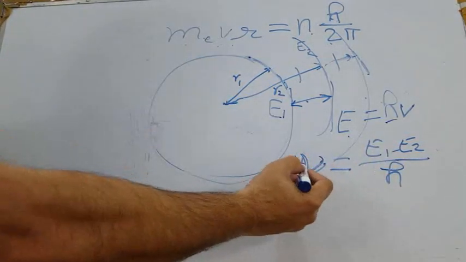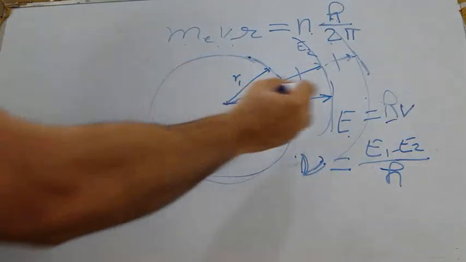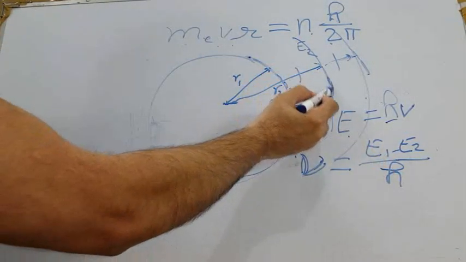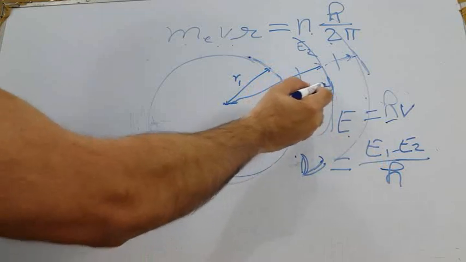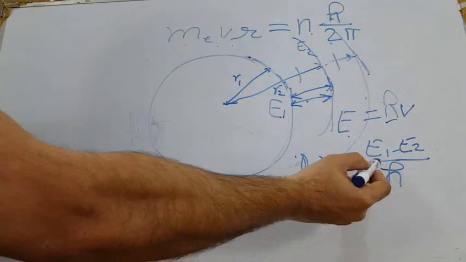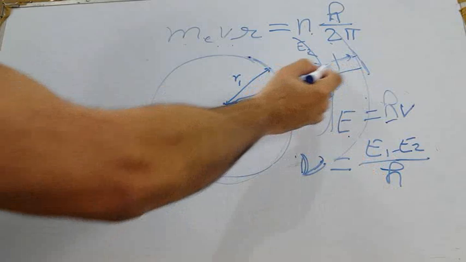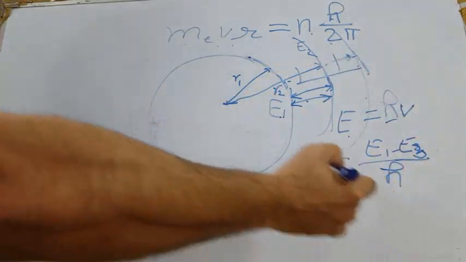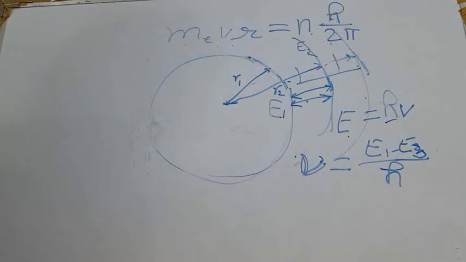That would be the frequency emitted. When the transition is from this to this, then this frequency shall be emitted. If between this and this, then here it would be E3, and so on.